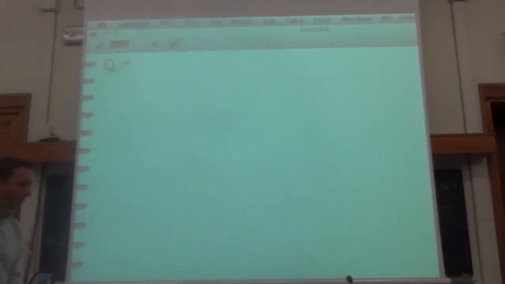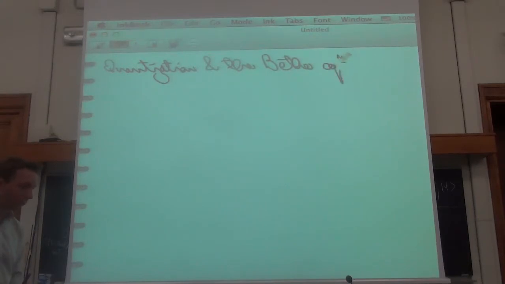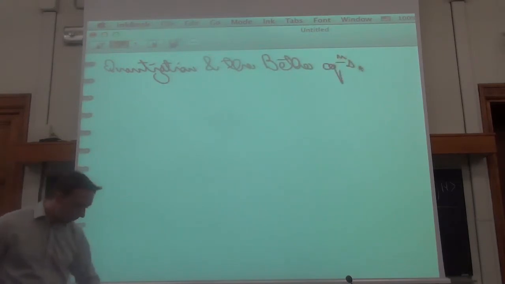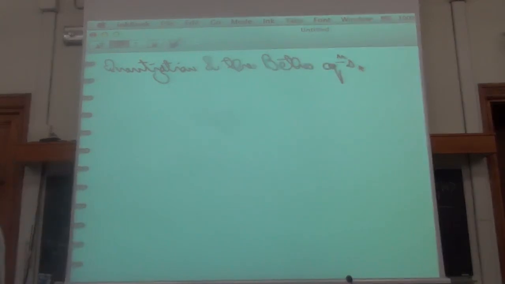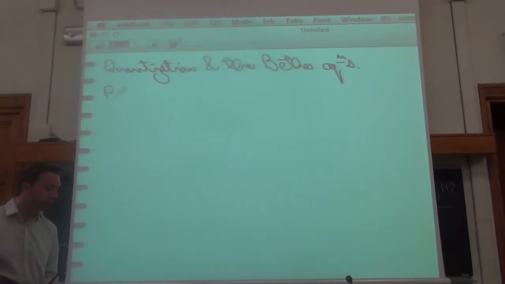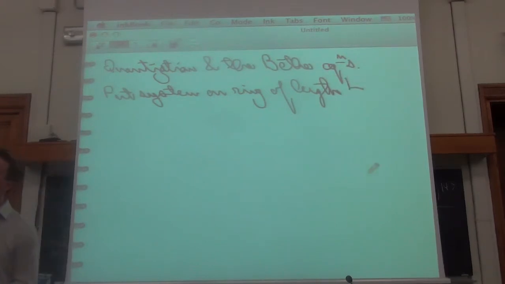So, quantization and the Bethe equations. Okay, so what we do is that we put the system on a ring of circumference L, ring of length big L. Okay?